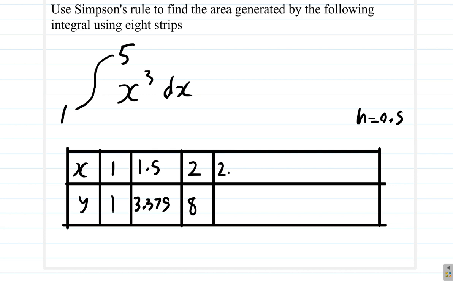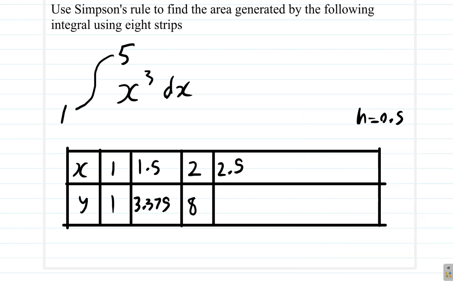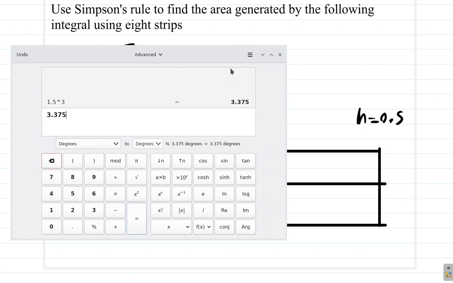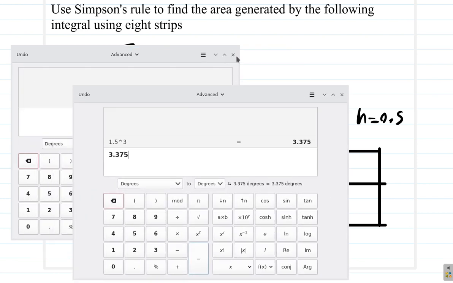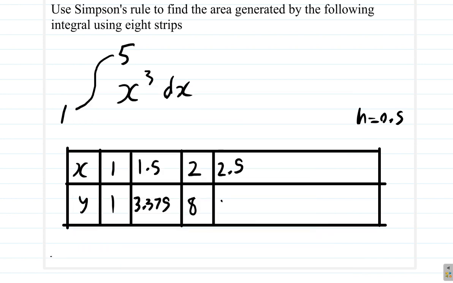Then 2.5. What is 2.5 cubed? Let's find out. So 2.5 raised to the power of 3 equals 15.625. Then the next value is 3. 3 cubed is 27: 3 times 3 is 9, 9 times 3 is 27.